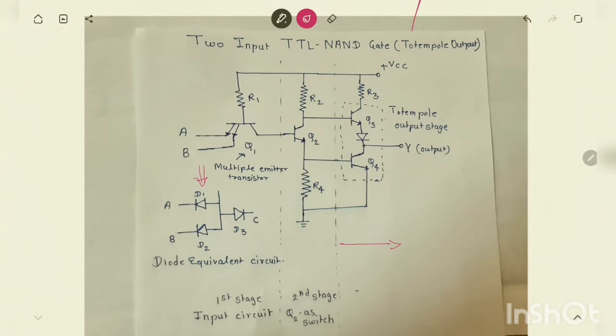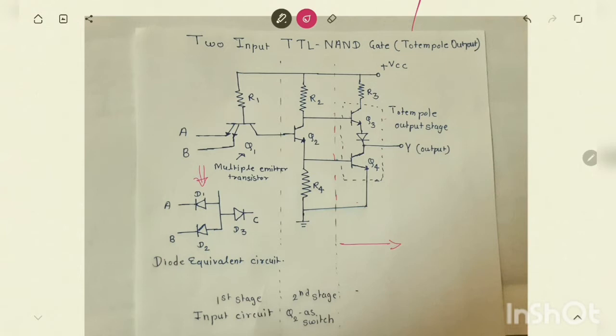But in this circuit there is an extra stage, that is the totem pole output stage, and because of this additional stage, the features of this TTL NAND gate are also different.